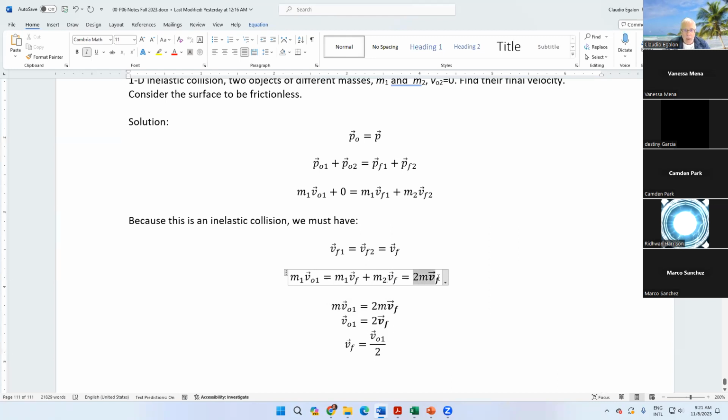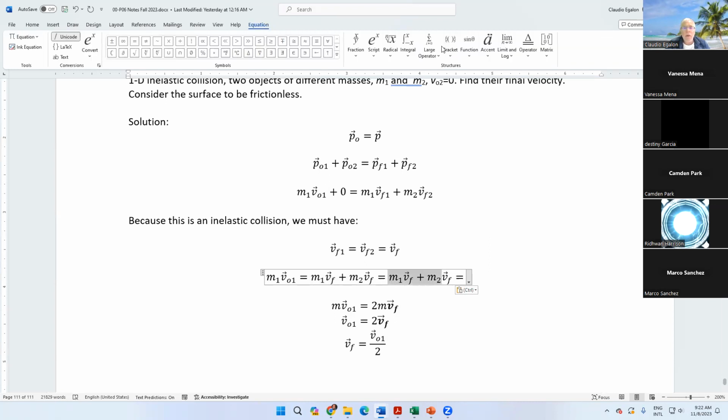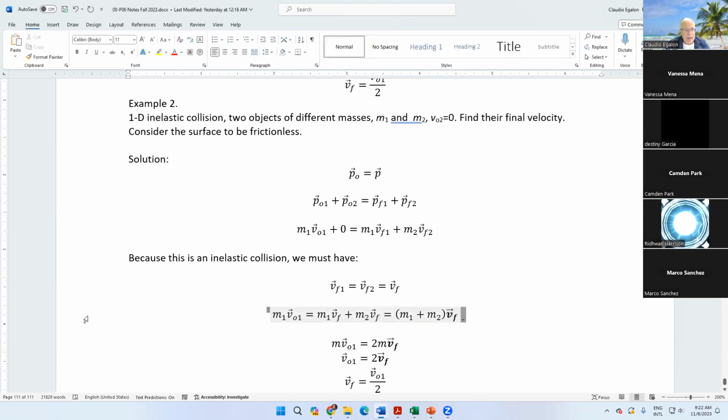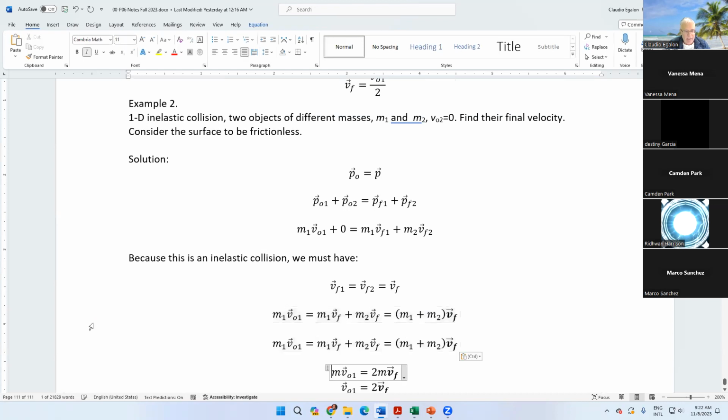Now what's not right is this one here, no longer right. So we put VF in evidence. Don't forget we want to solve for VF. I'm highlighting it.